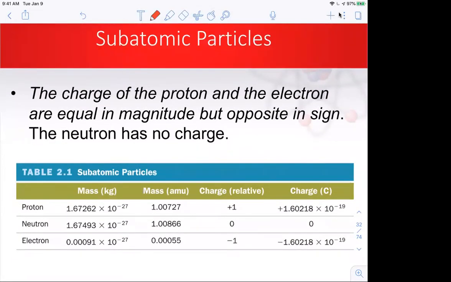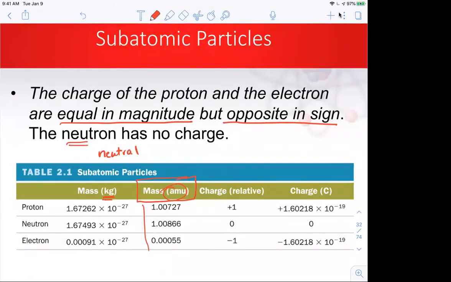The charge on the proton and the electron is equal in magnitude, but opposite in sign. The neutron, remember, has no charge. The neutron is neutral. So this is another mass unit that we use. It's called atomic mass units. This is what we're going to focus on when we look at masses on the periodic table. This is the kilogram mass for the different particles.